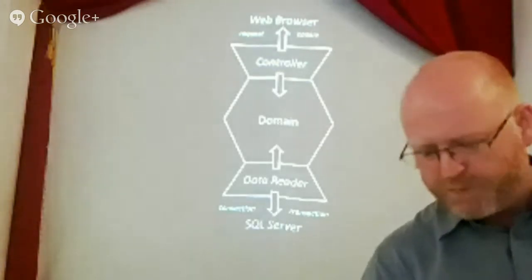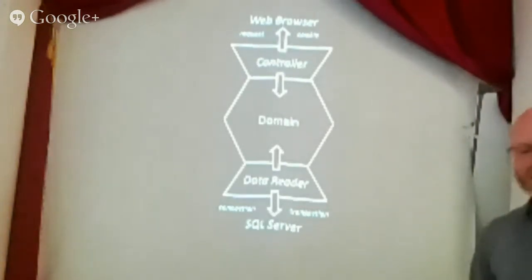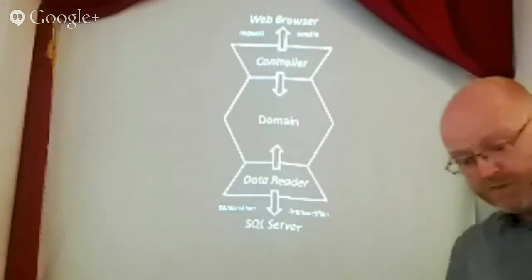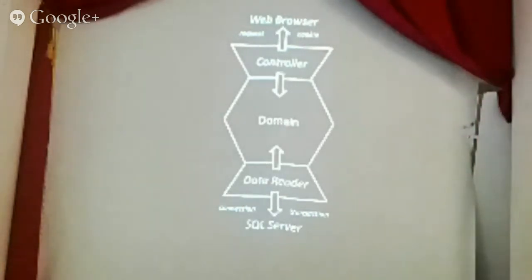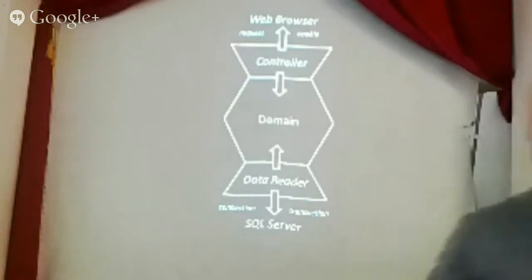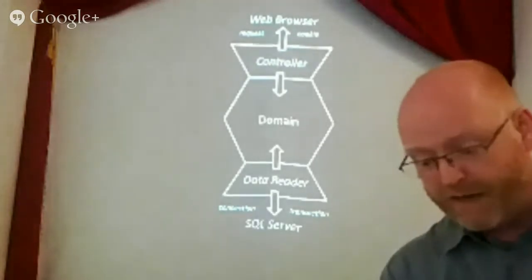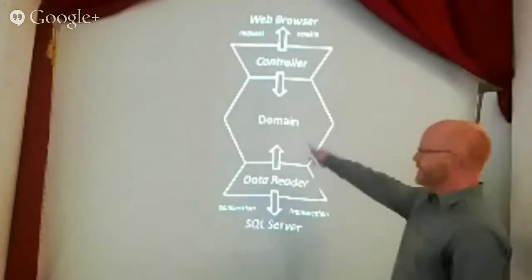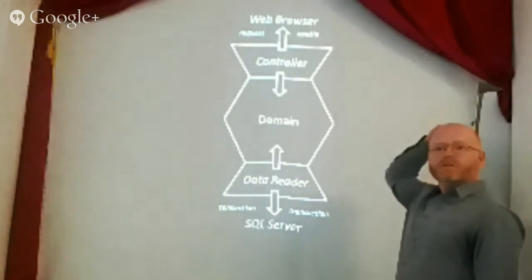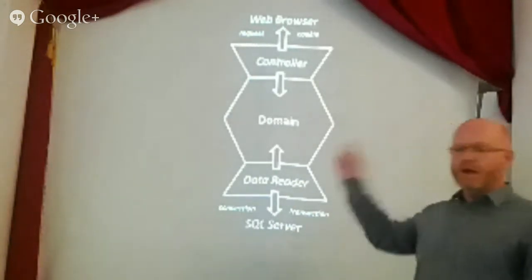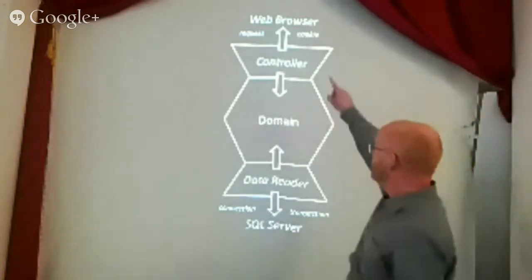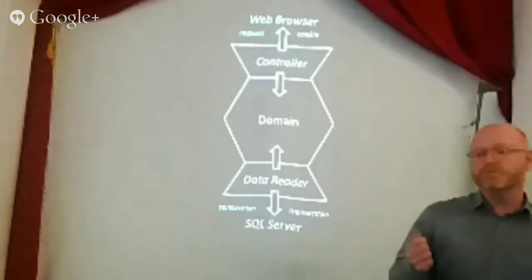So how can things just work then if we've said the domain is a central thing, controllers are adapters, data readers are adapters? How can all of this suddenly magically plug together and work? Why would we even do it this way? So how, for example, would persistence work without it being invoked explicitly and imperatively? If the domain is changing state throughout its use, for example, a user logs into a website, requests a page, and the controller says, okay, well, we need to tell the domain to go and fetch some stuff.